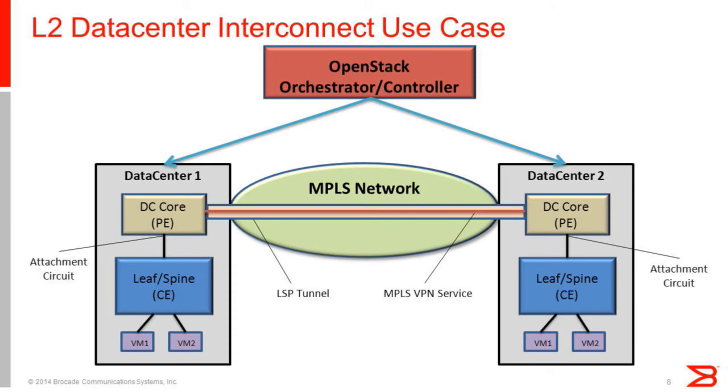The idea here is that you can use either the central OpenStack orchestrator, or you can have a distributed one. So our proposal does not limit you to just a central one, but gives you the flexibility to have either the central one or the distributed one.